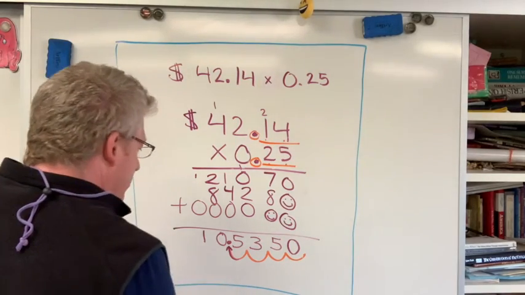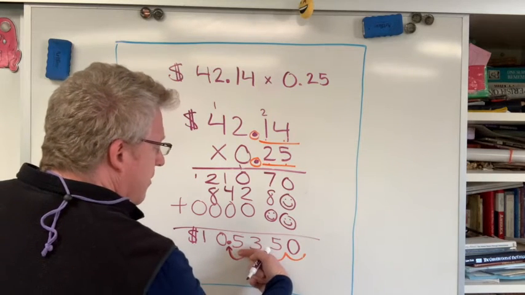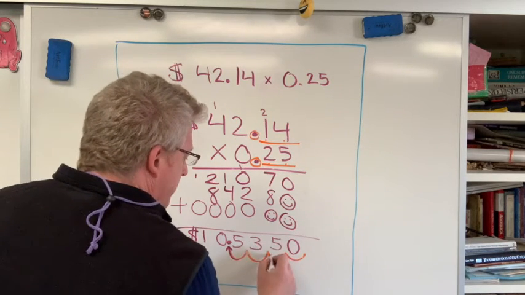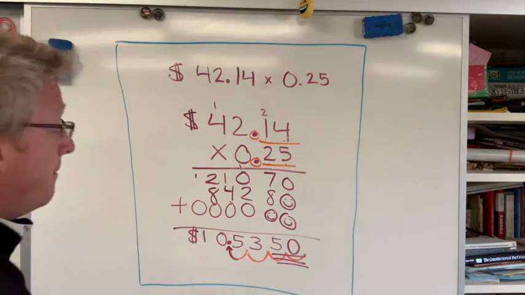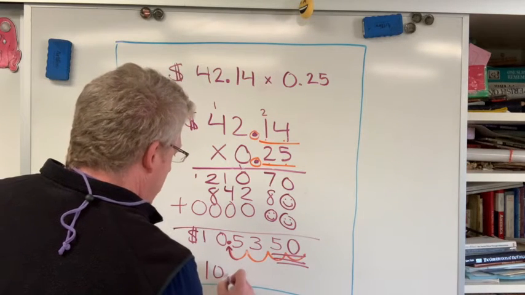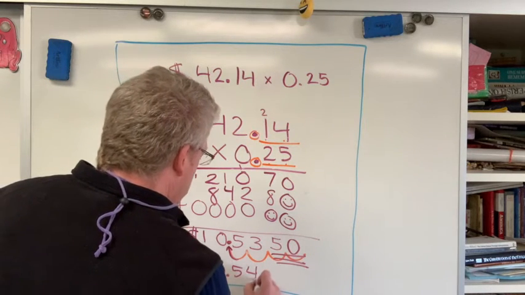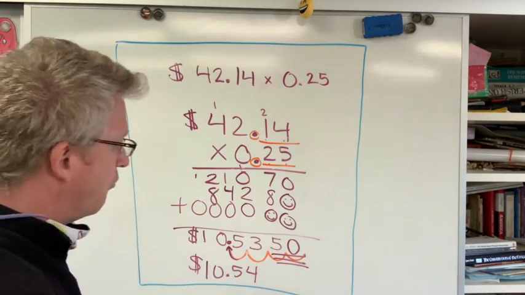So I'm going to put my dollar sign on here and remind myself that really we only go to the hundredths. So from this point on, all this stuff here is money that we can't really deal with. But because this is a 5, I can round this up to $10.54 if we're talking a reminder about how rounding works.